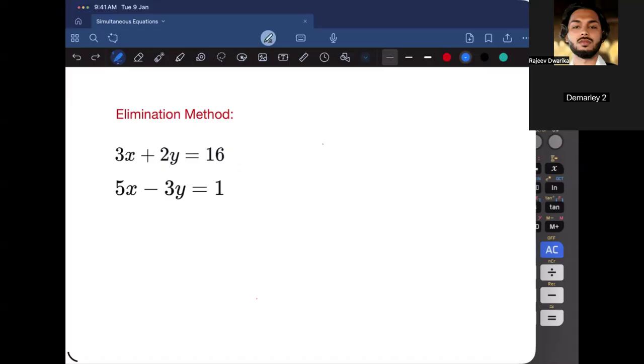LCM means lowest common multiple. Some multiples of 2 would be 2 by 1 is 2, 2 by 2 is 4, 2 by 3 is 6. 3 by 1 is 3, 3 by 2 is 6, 3 by 3 is 9. What's the lowest value that they have in common? That would be 6.